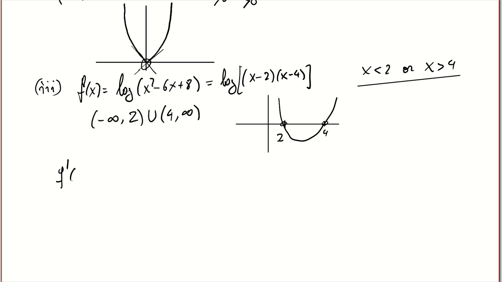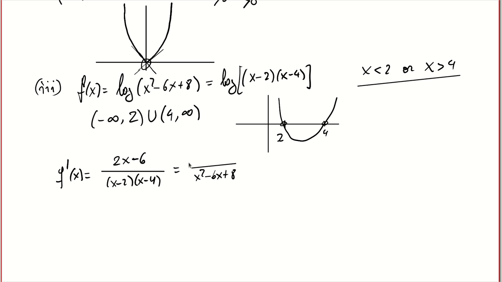So f prime is equal to, the derivative of this is just 2x minus 6, over the denominator, and we can write the denominator as x minus 2, x minus 4 if we like, or just as x squared minus 6x plus 8, which better suits us.